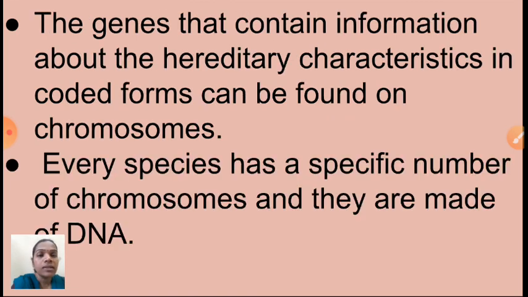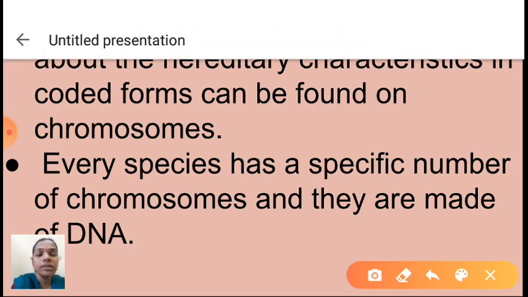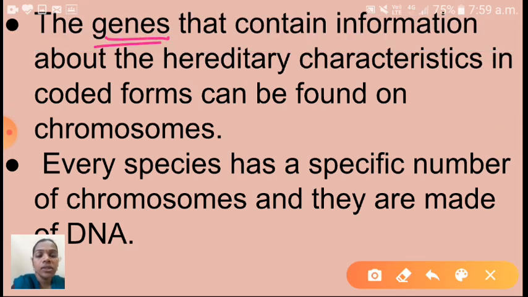Okay, next one. See here children, a gene is a segment of DNA. Already I told you the chromosome is made up of DNA, and DNA is a genetic material. The segment of DNA is called a gene.